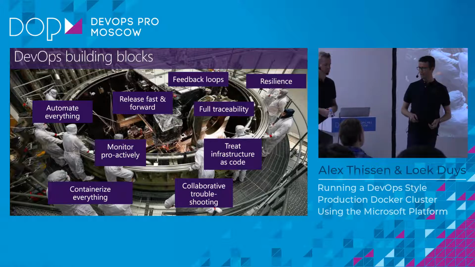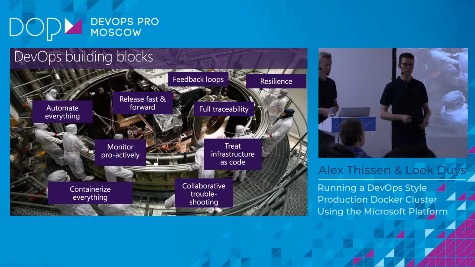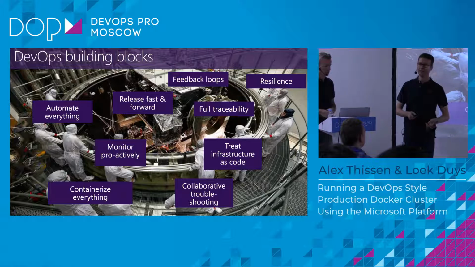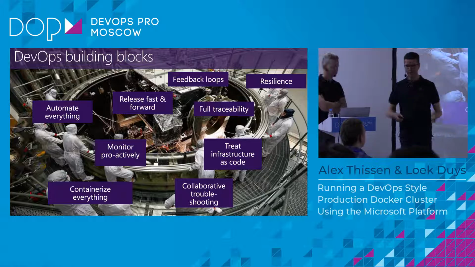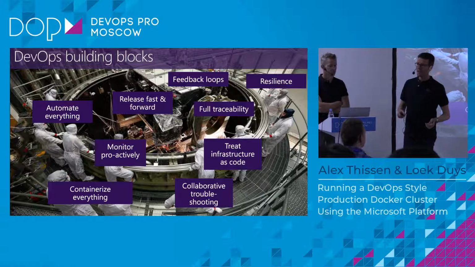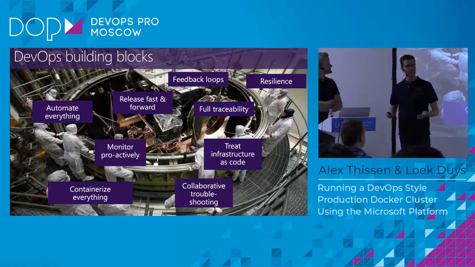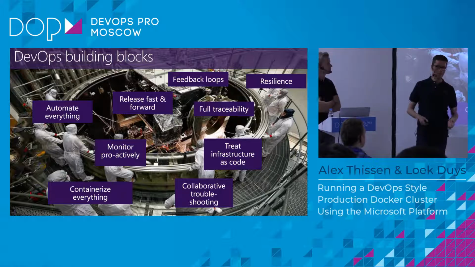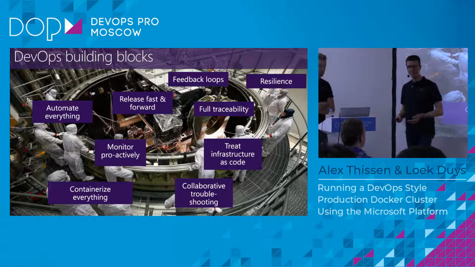Well, we've added a few DevOps building blocks to this slide. During this talk, we will cover most of them. But, for example, to take this one, automate everything. This means that if you want to have your team working very efficiently, they need to work together really well. So the dev and the ops obviously need to cooperate.